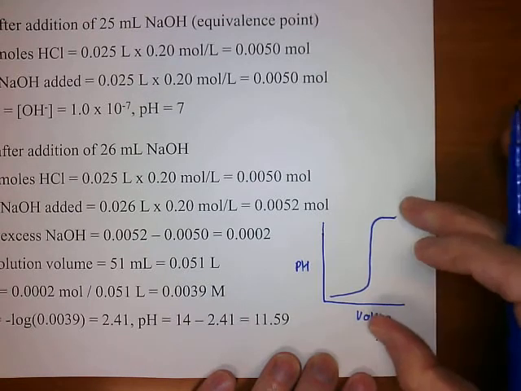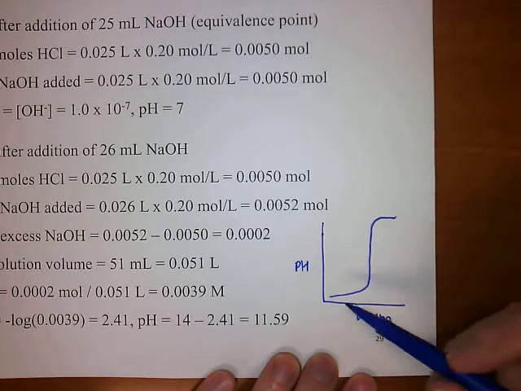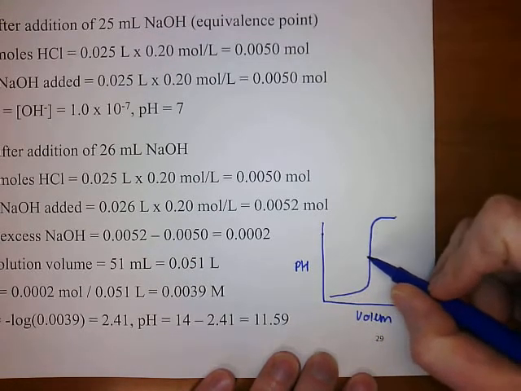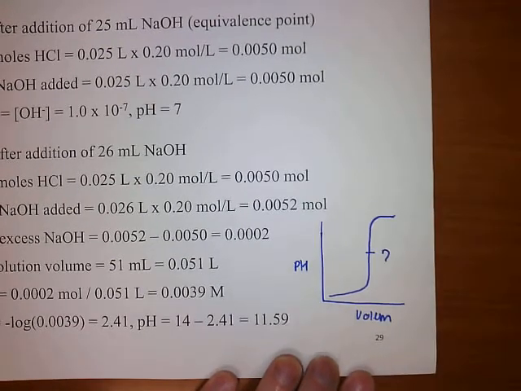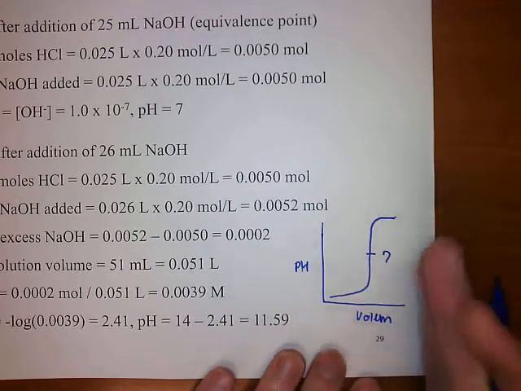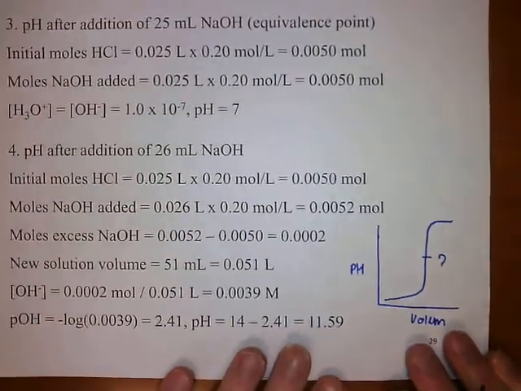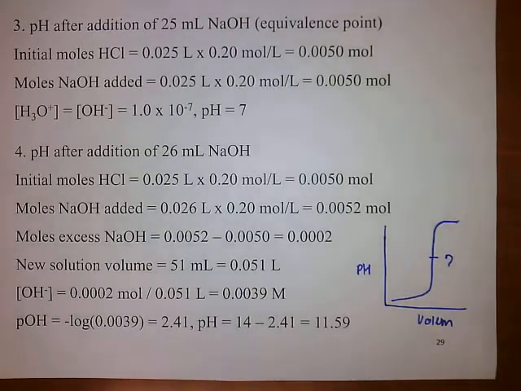Number one, this curve is symmetrical. Second, the pH is 7 at the equivalence point, because at the equivalence point you've added enough base to react with all the acid. The resulting solution is neither acidic nor basic, so your pH is 7.